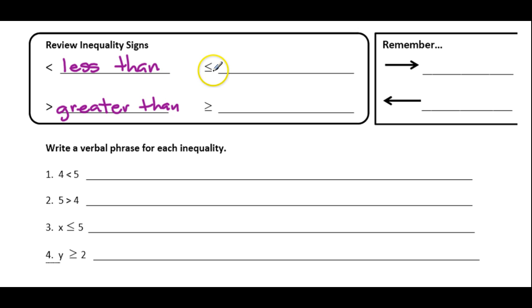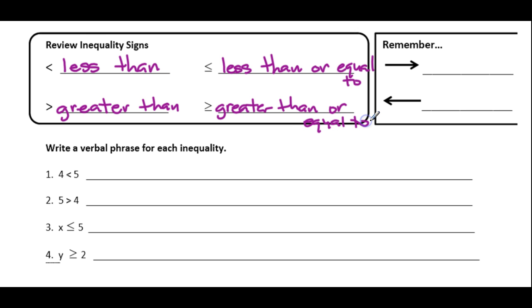And then when it's pointing to the left and has half of an equal sign, that has 2 meanings. It's not just less than, it's less than or equal to. And then when it's going this way with half an equal sign, greater than or equal to.